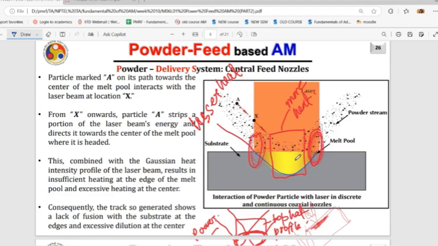In this case, the middle part will have more depth rather than the edges, because my laser has a Gaussian heat intensity profile. The heat distribution in the laser is like this. At the edges, it has lesser intensity than at the middle.